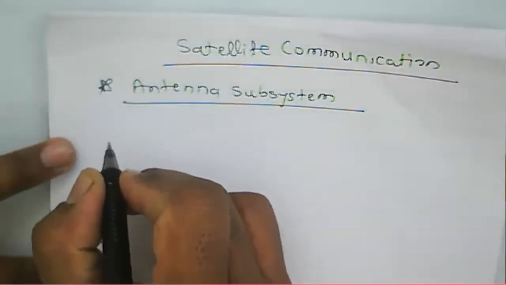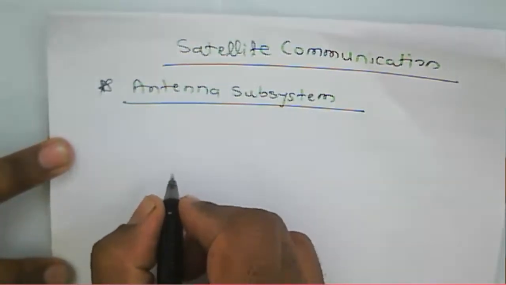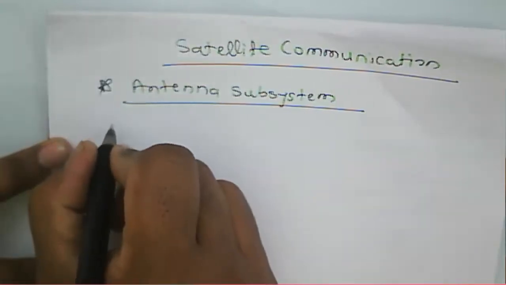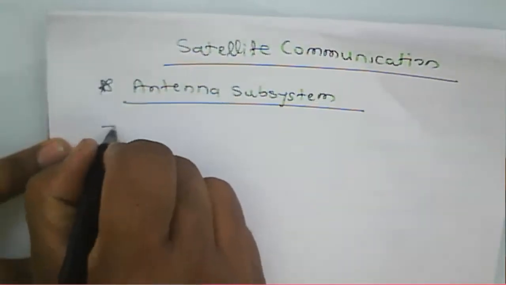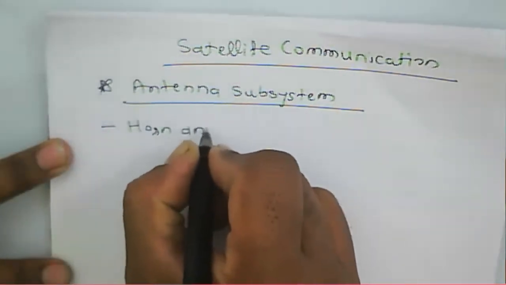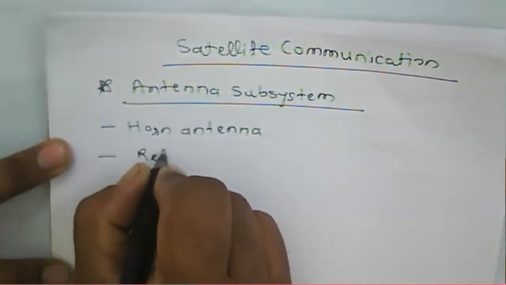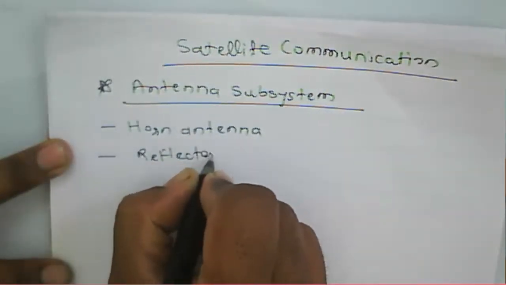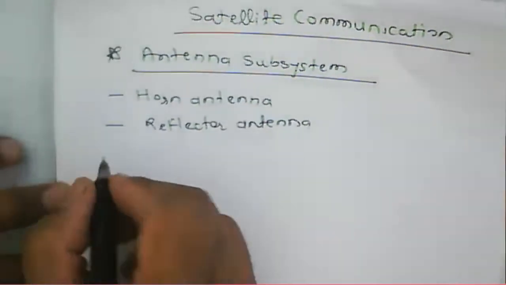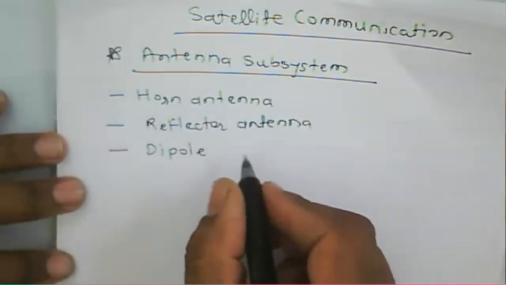So now, first of all, we start with an antenna, and what applications that antenna works for. If you consider the antennas present in a satellite, they have the horn antenna, the reflector antenna, and along with that, the dipole.